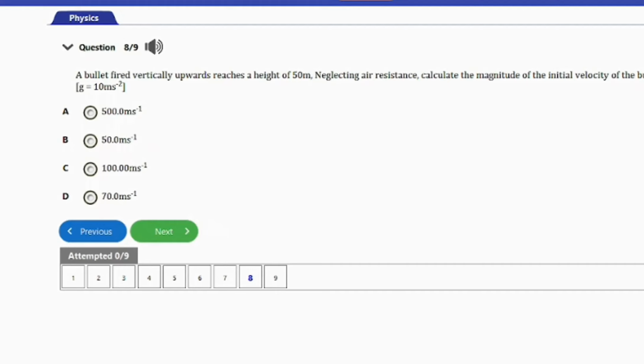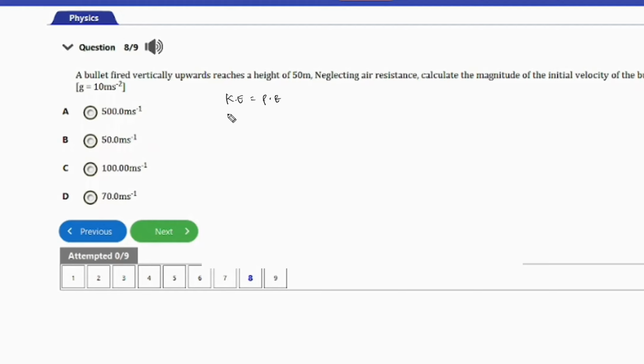It says, a bullet fired vertically upwards reaches a height of 50 meters. Neglecting air resistance, calculate the magnitude of the initial velocity of the bullet. So guys, we have g as 10 meters per second squared. So if we take it that the kinetic energy here is converted to potential energy, we equate the kinetic energy, half mv squared, to the potential energy, which is mgh.